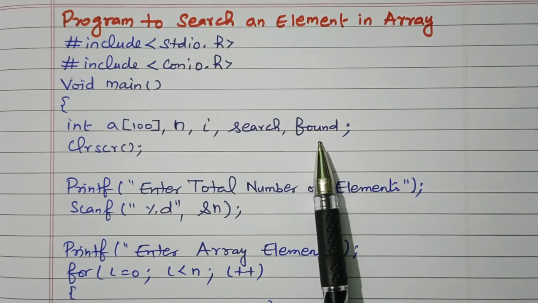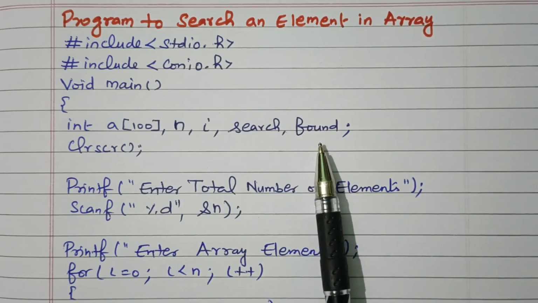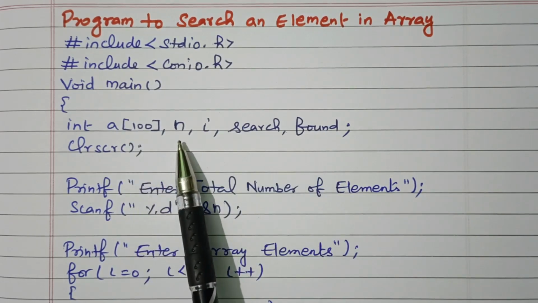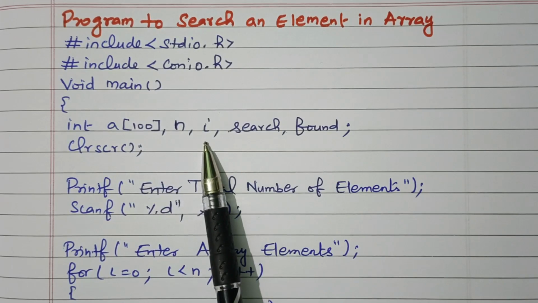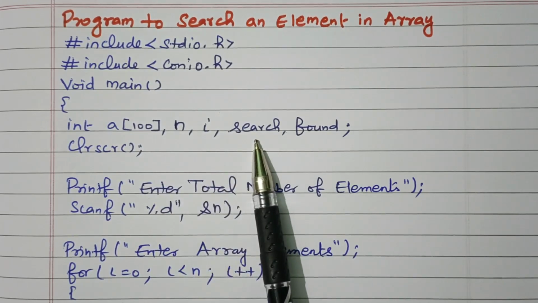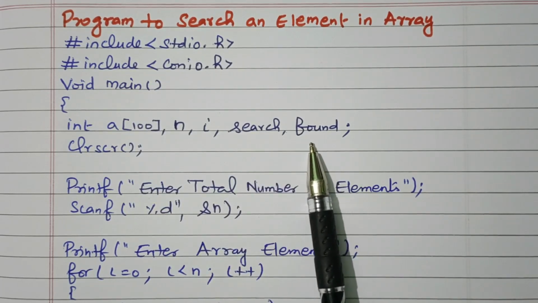So found will decide whether the element is available or not. So: the single dimensional array with 100 elements, n is the number of elements, i is used for the for loop, search contains the element to be searched, and found will give the detail whether the number is found or not.